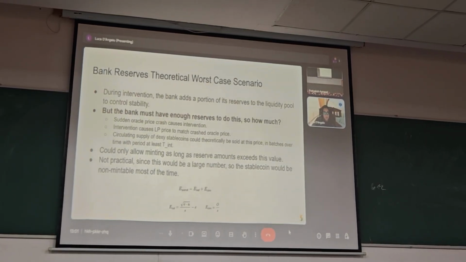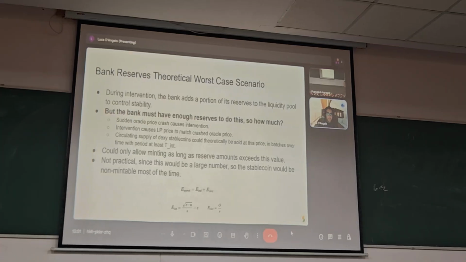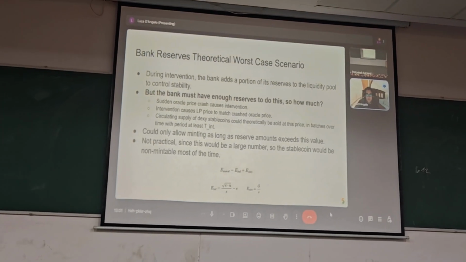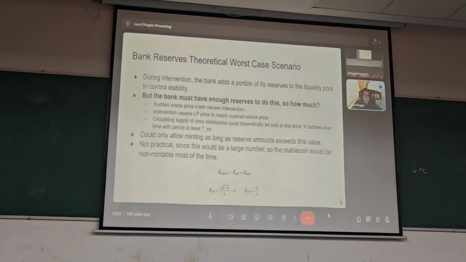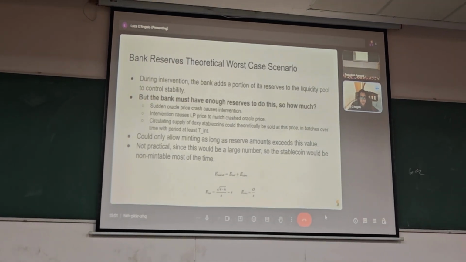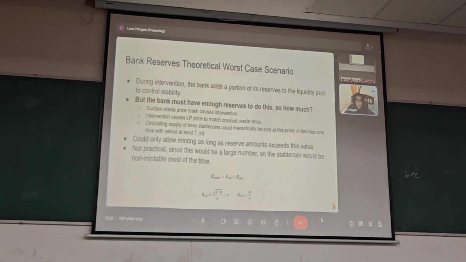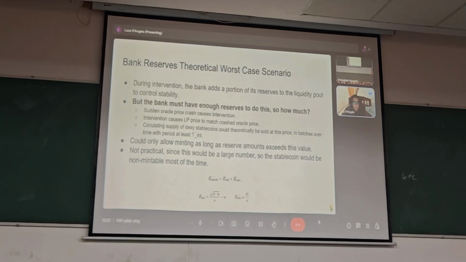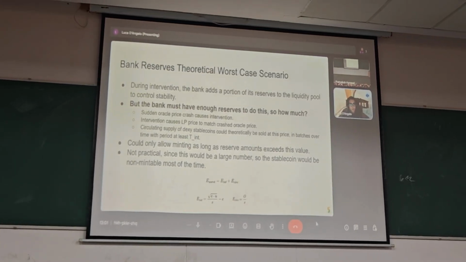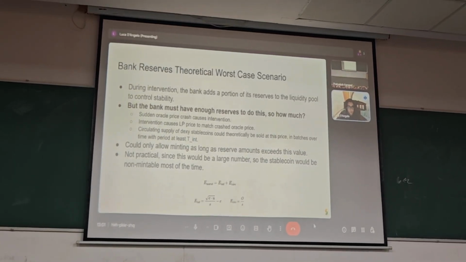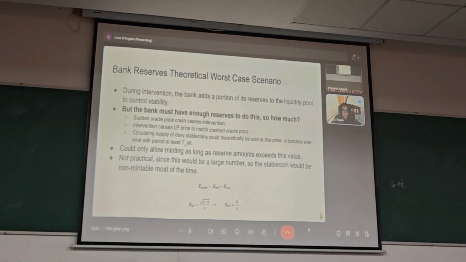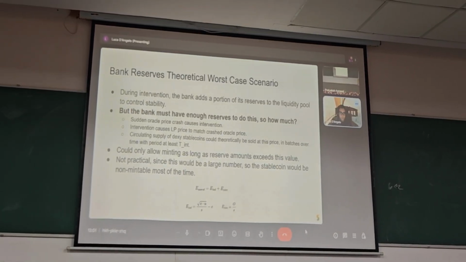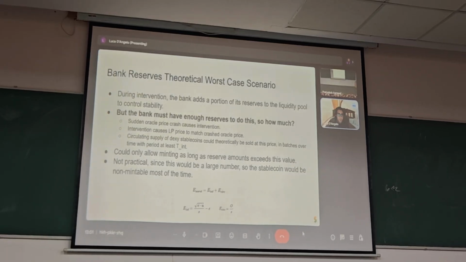So during intervention, the bank adds a portion of its reserves to the liquidity pool to control stability. But the question is, how much reserves do you need to do this? For example, a sudden oracle price crash could cause an intervention to make the liquidity pool price match the crashed oracle price.